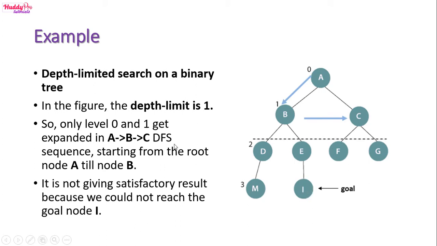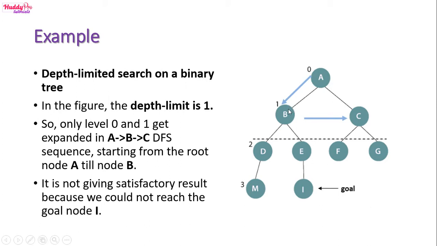So the depth first search sequence will start from root A till node B and then C. It is not giving a satisfactory result because we cannot reach the goal because of the depth limit. If there is no limit, we could reach the goal.